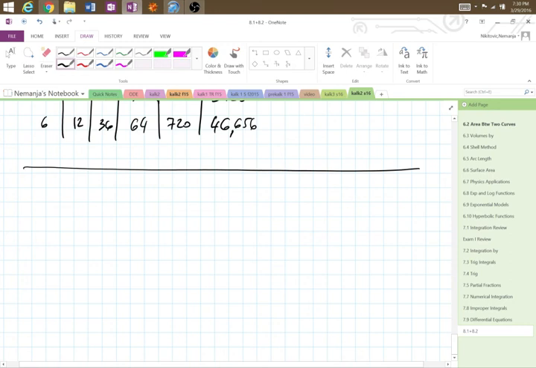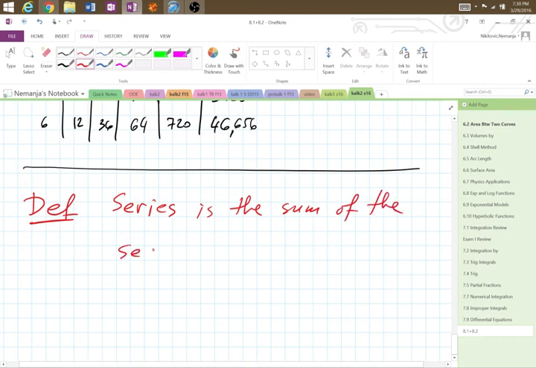And the series is going to be the sum of the sequence. So we define series. So series is a sum of the sequence.